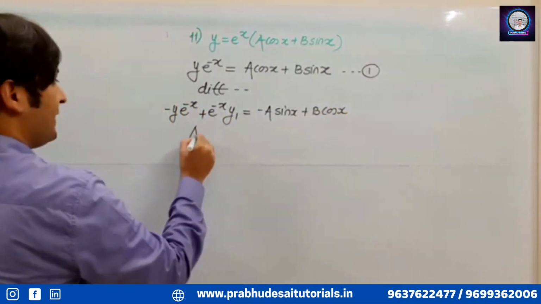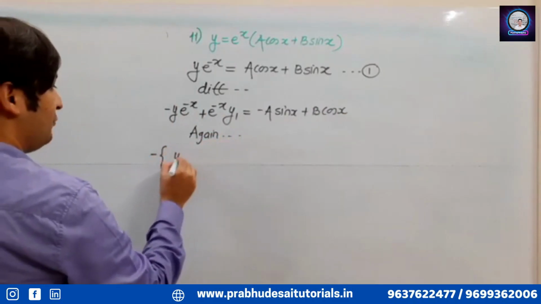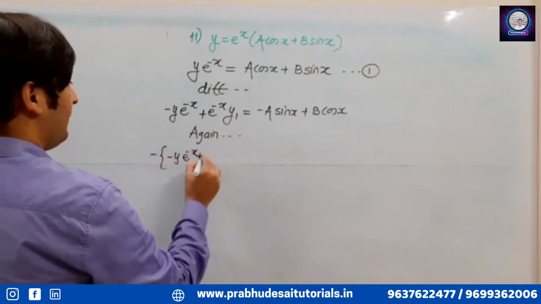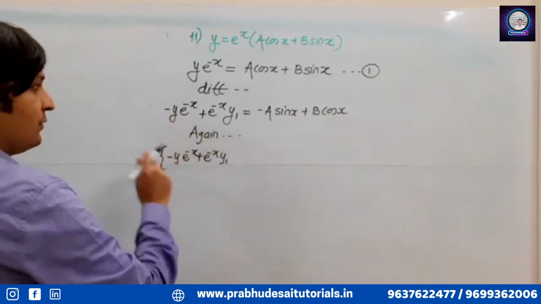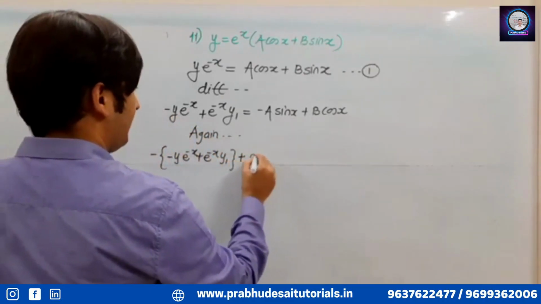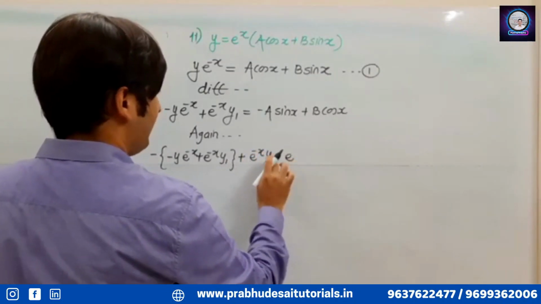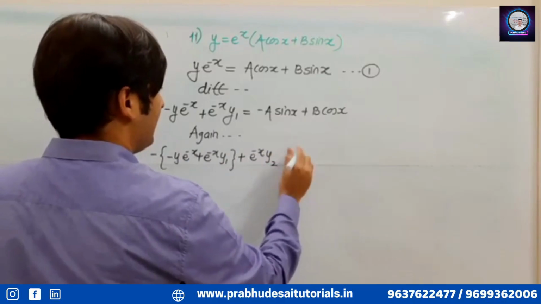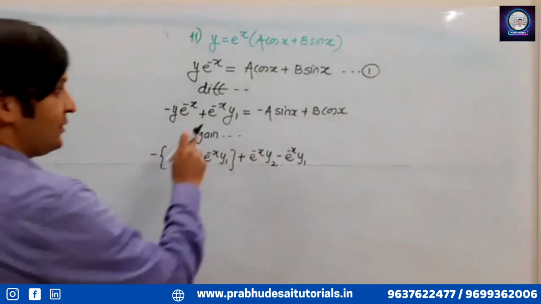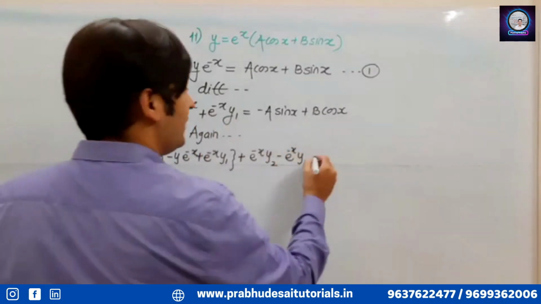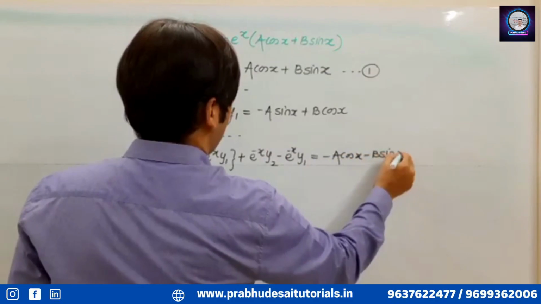Again differentiating: minus into bracket u derivative of v plus v derivative of u, plus u derivative of v plus v derivative of u. Y1 will be y2. Then y1 into derivative e raised to minus x into minus 1, is equal to minus a cos x minus b sin x.